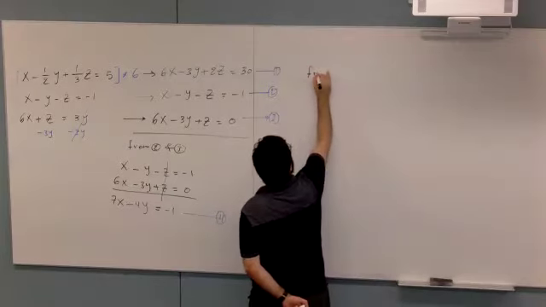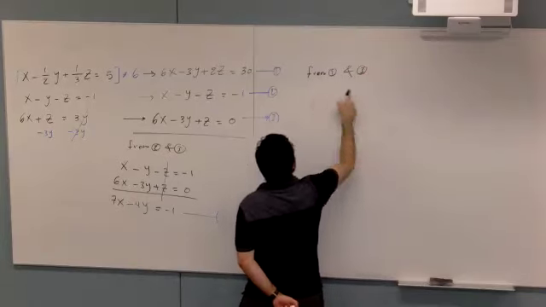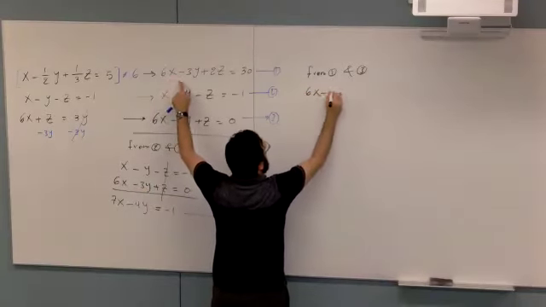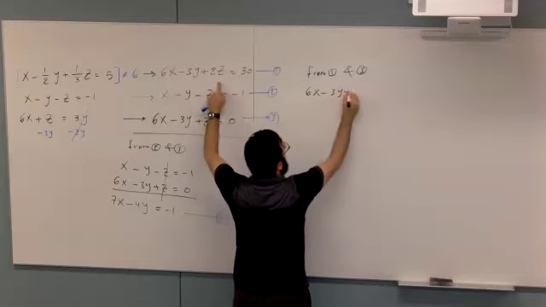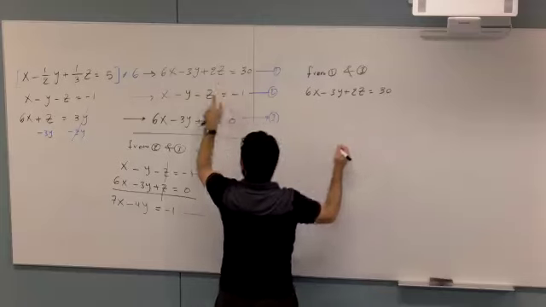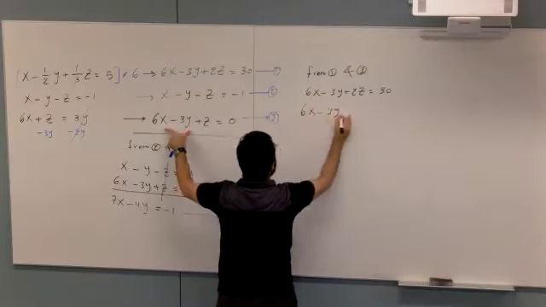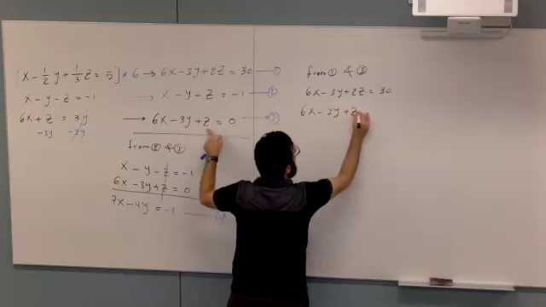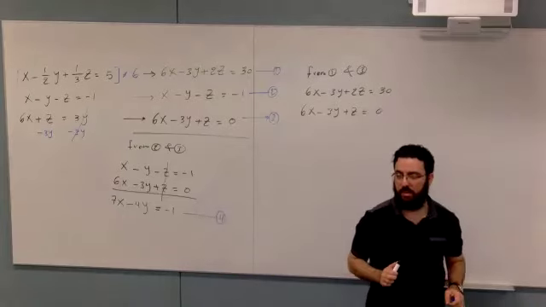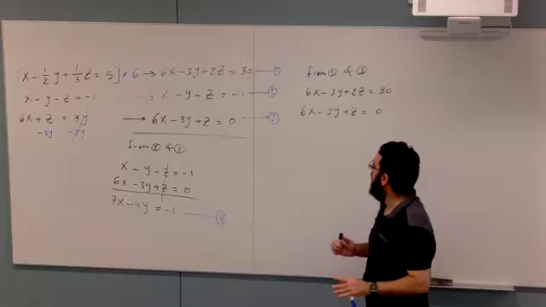So from 1 and 3, I'm going to write down 1, which is 6x minus 3y plus 2z equal 30. And the third one is 6x minus 3y plus z equal 0. Now, which variable am I going to cancel? Can you multiply by a negative number?